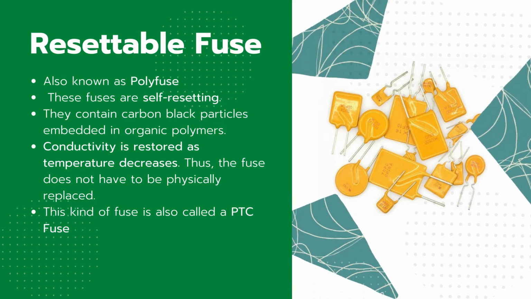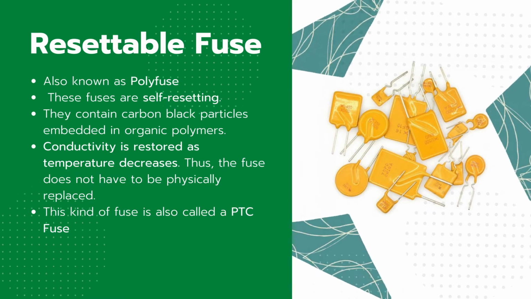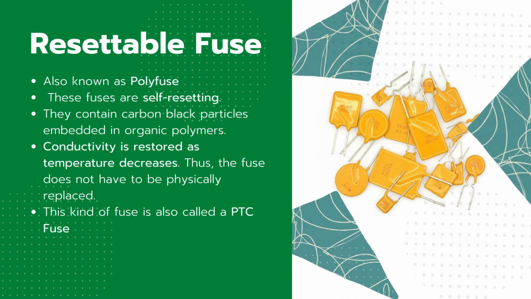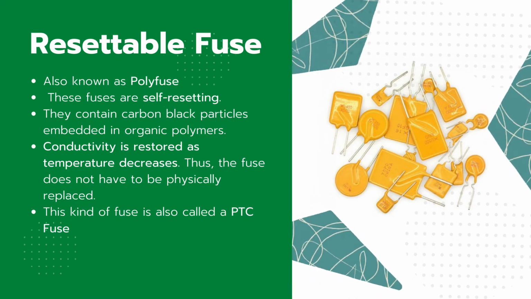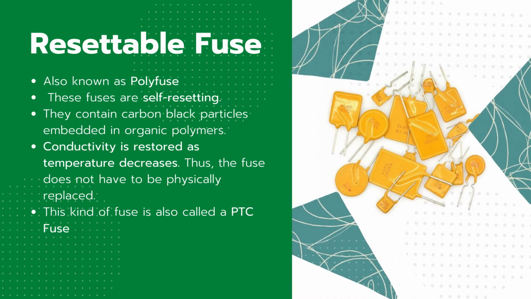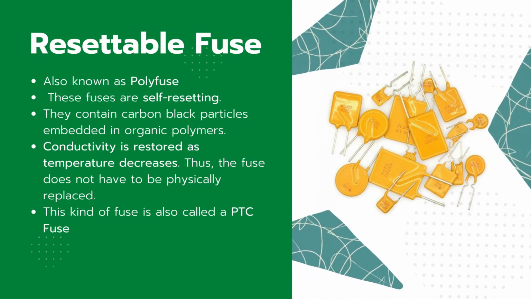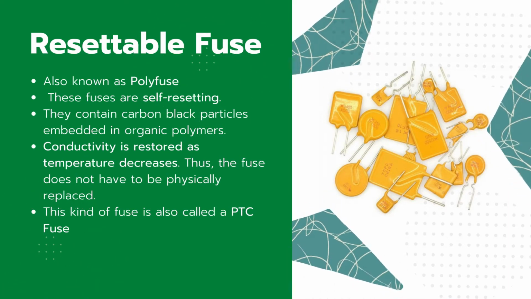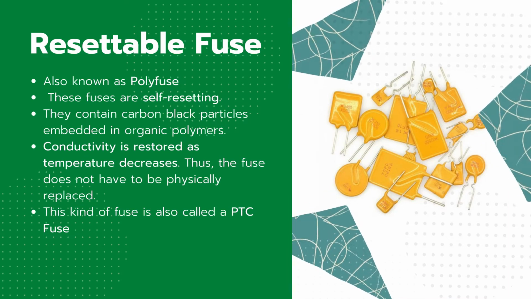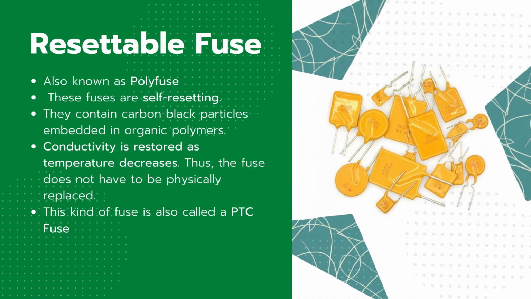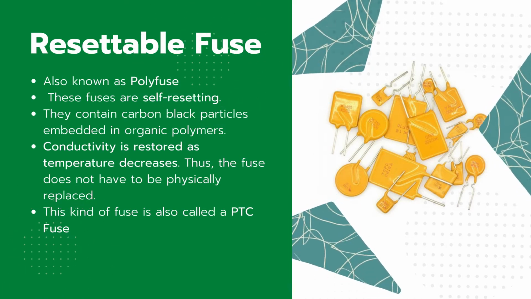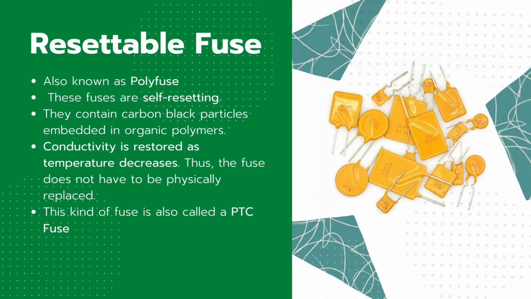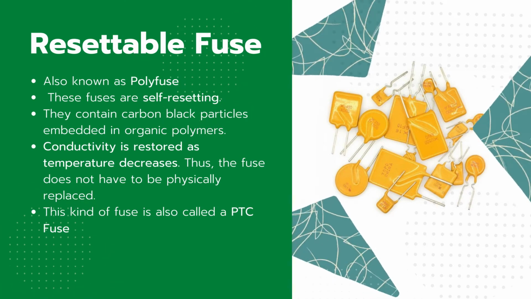When a large current flows, heat is generated which expands the organic polymer. The carbon black particles are forced apart, and conductivity decreases to the point where no current flows. Take note that conductivity is restored as temperature decreases. Thus, the fuse does not have to be physically replaced.